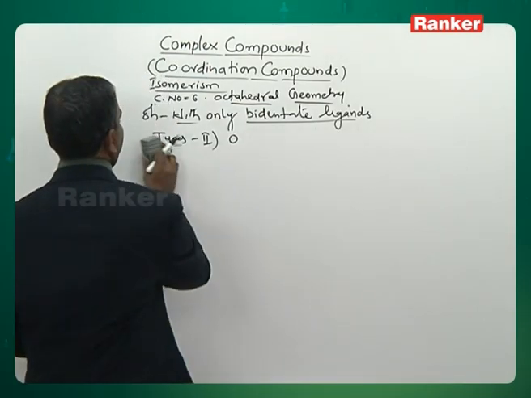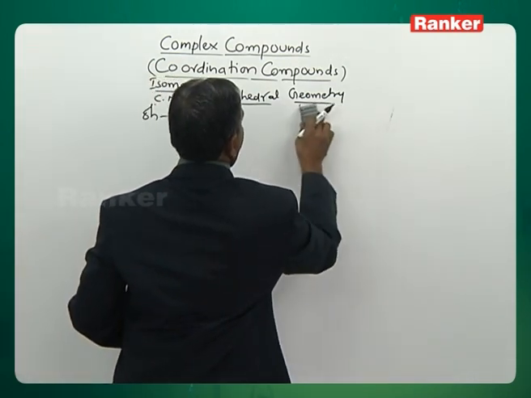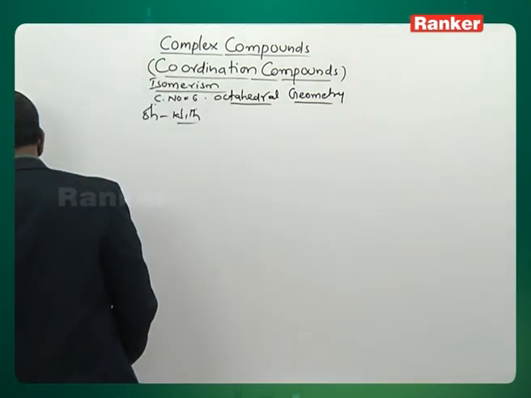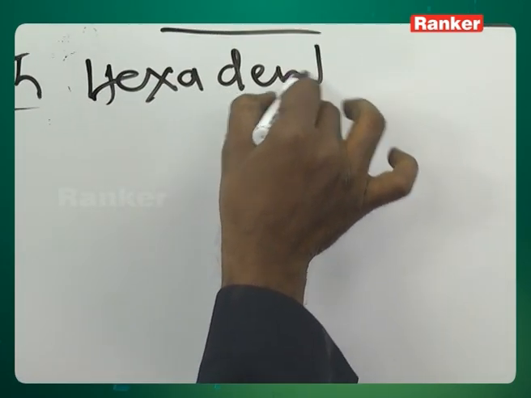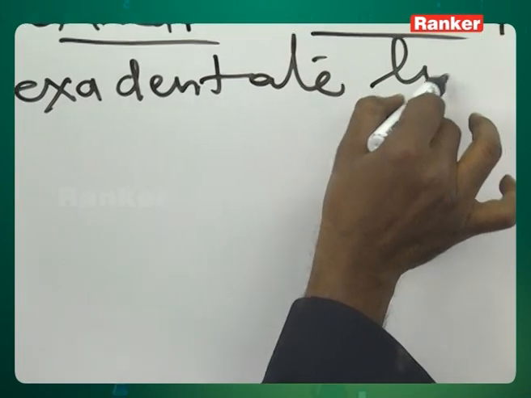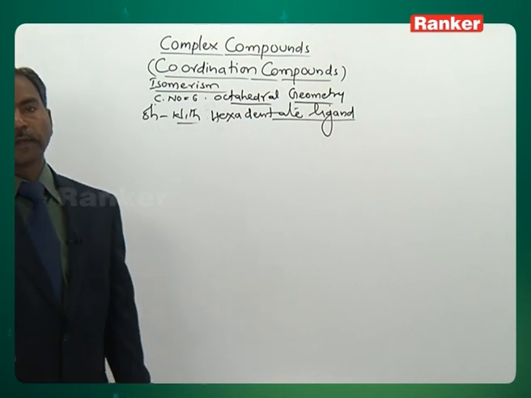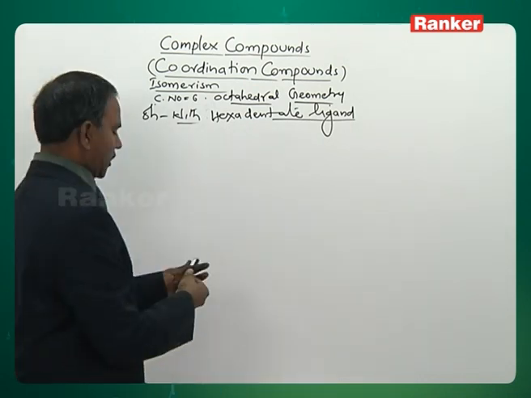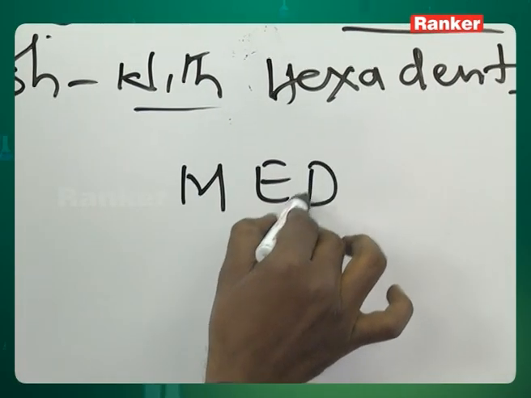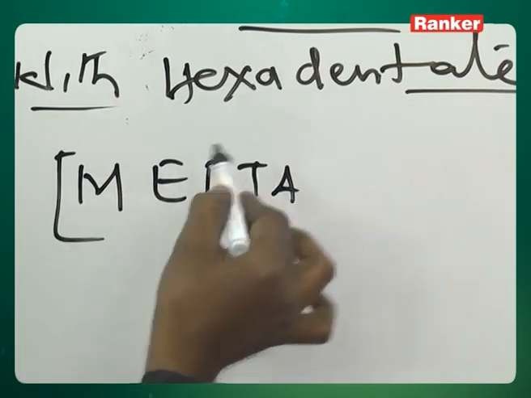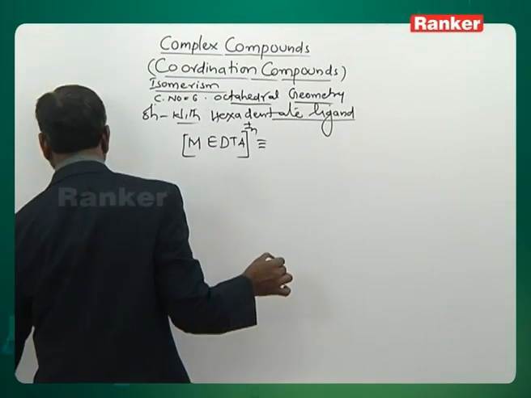Right, octahedral geometry with hexadentate ligand. Under this, octahedral with hexadentate ligand, take M EDTA. See, M EDTA is optically active.